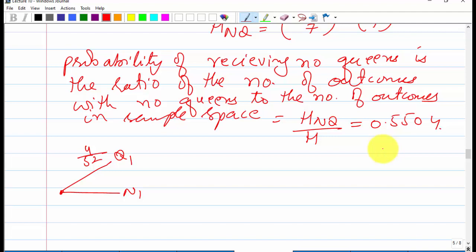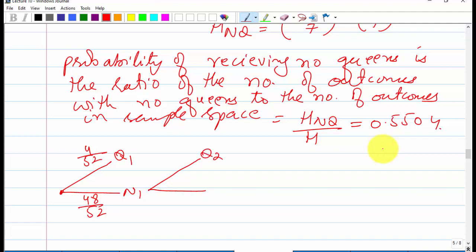If there is no queen, we move on to check another card.